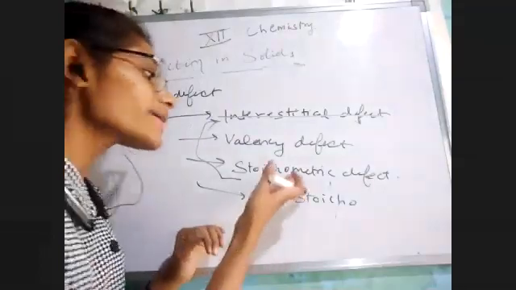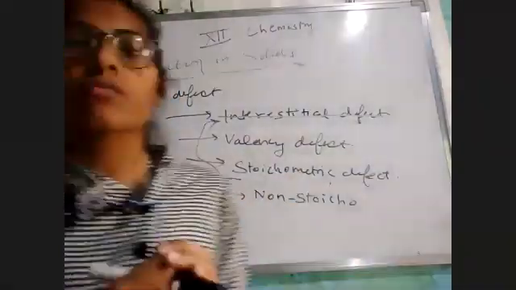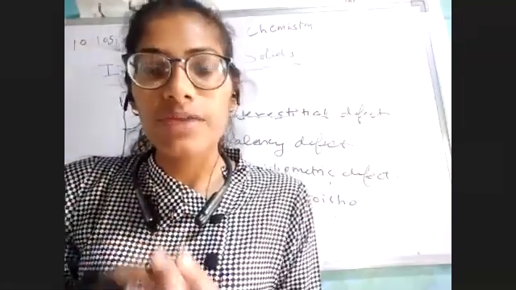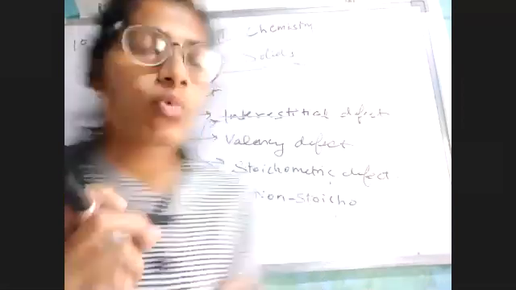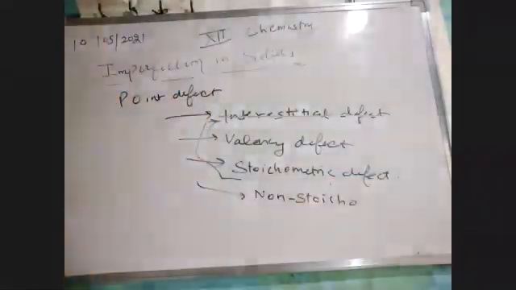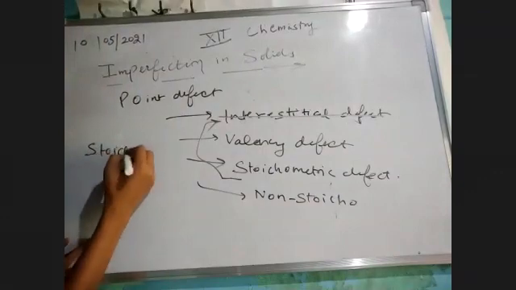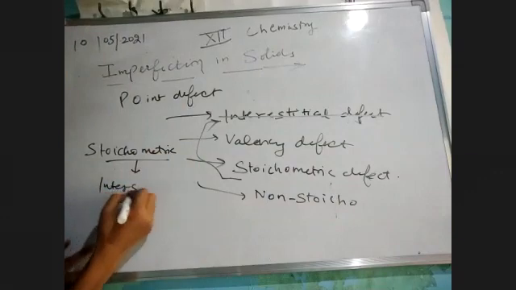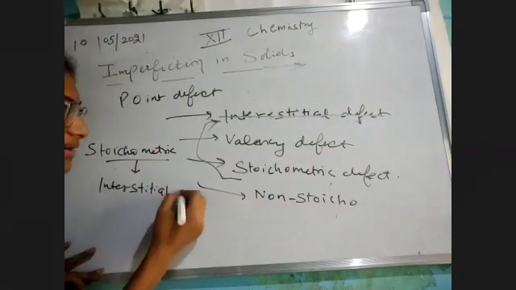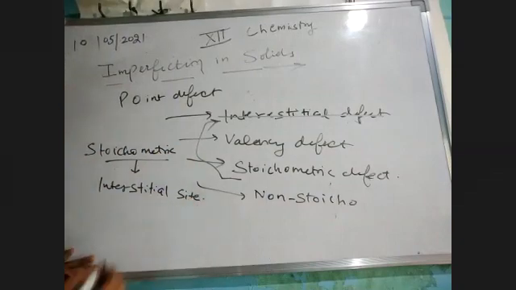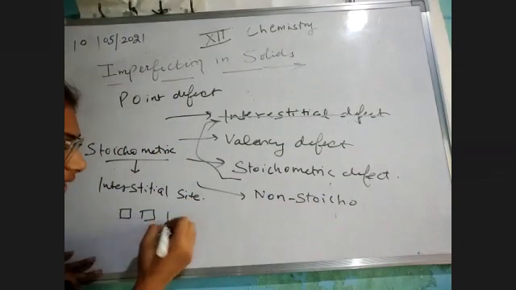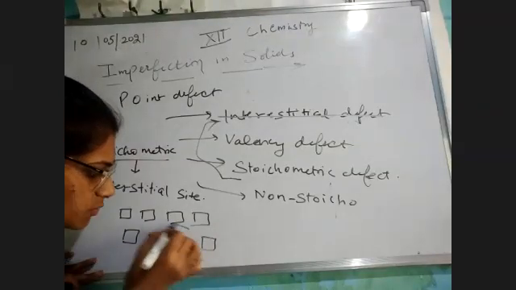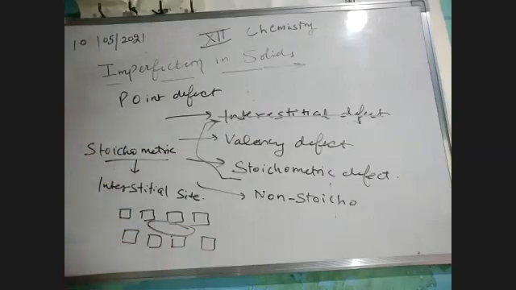But now let's see what stoichiometric and non-stoichiometric defects want to tell us. The stoichiometric defect and non-stoichiometric defect are based on a simple word, stoichiometric. And stoichiometric means the interstitial site. Now you would ask me, ma'am, what is an interstitial site? Interstitial site means when you have atoms present and the space between them is known as the interstitial site.